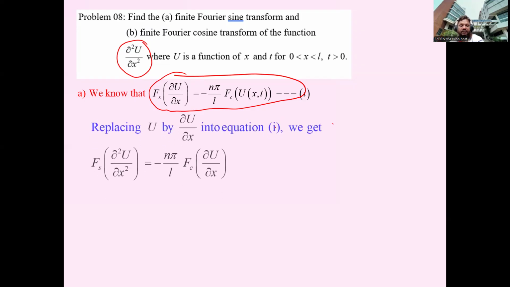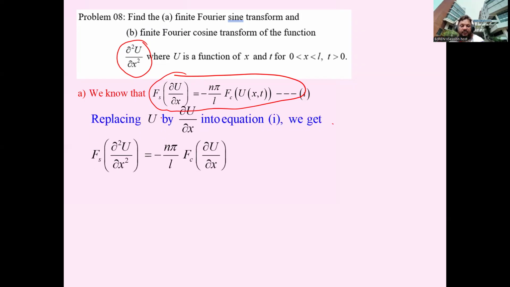So if we replace u by del u del x, please see here, del x of u. If we place u as del u del x, it will be del x of del u del x. So it will be del square u del x square.